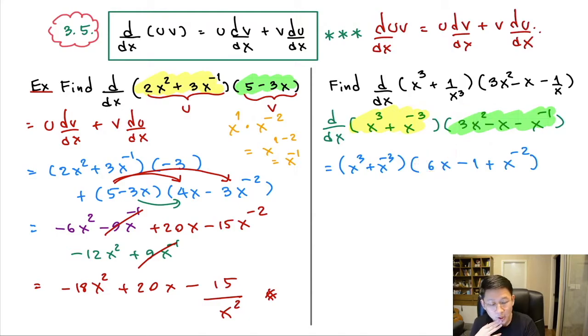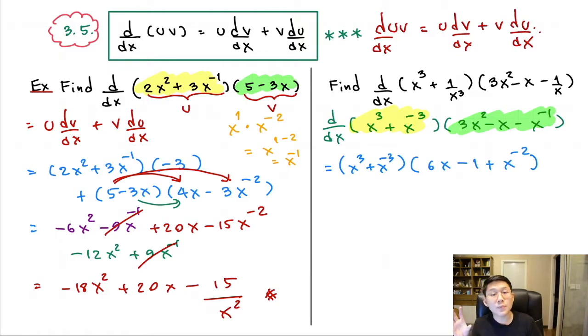Here is 1, right? x is x to the power of 1. So you push 1 here, it is still minus 1, right? And x to the power of 0, that is 1 minus 1, which is 0. x to the power of 0 is just 1. Okay? Here as well, you push minus 1 here, minus becomes plus, and then x to the power of minus 1 minus 1 is x to the power of minus 2.